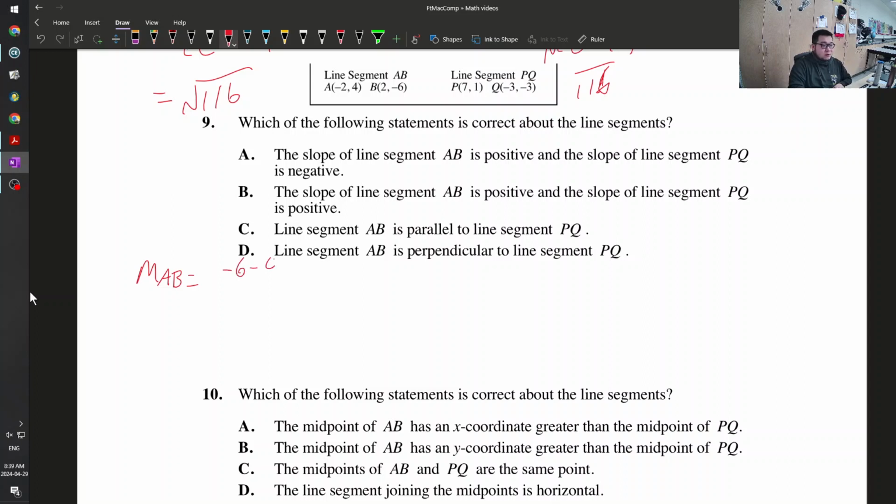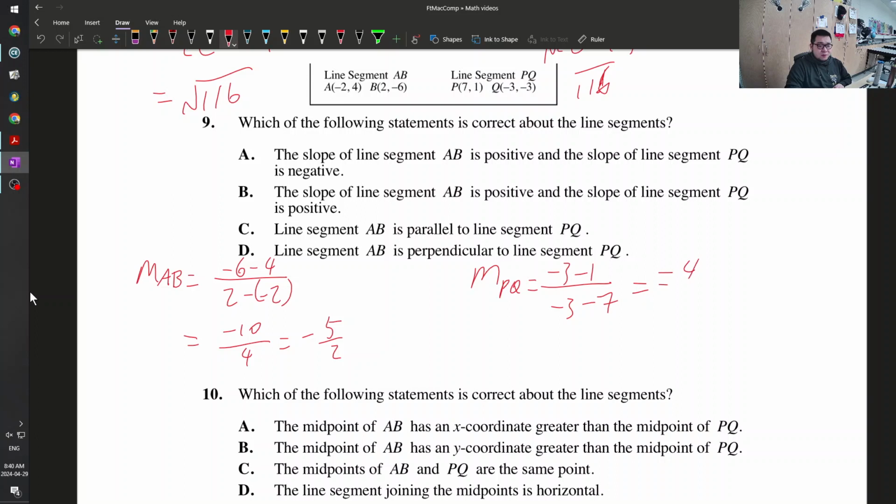Negative 6 minus 4 over 2 minus negative 2 gives me negative 10 over 4, which is equal to negative 5 over 2. The slope of PQ: y2 minus y1, negative 3 minus 1 over negative 3 minus 7.